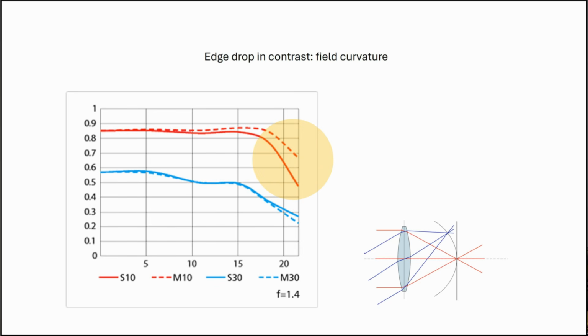Light coming out of the lens at the periphery is focused a little bit closer than light coming through the center of the lens. This effect also diminishes quite fast as you stop the lens down, because the increased depth of field might mask it.